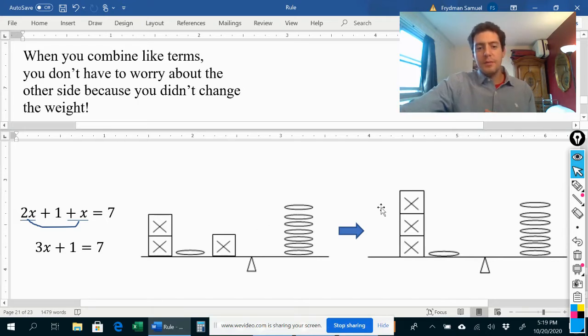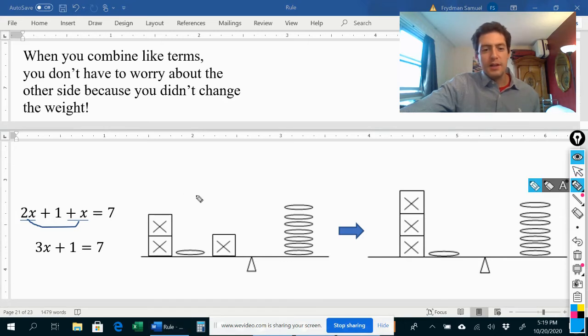It looks fine from the picture, and it is fine, but you should understand the reason why it's fine. Just imagine in your own mind, what would happen if I took this x box and placed it over here? I still have the weight of 3 x boxes and 1 stone on the left side.